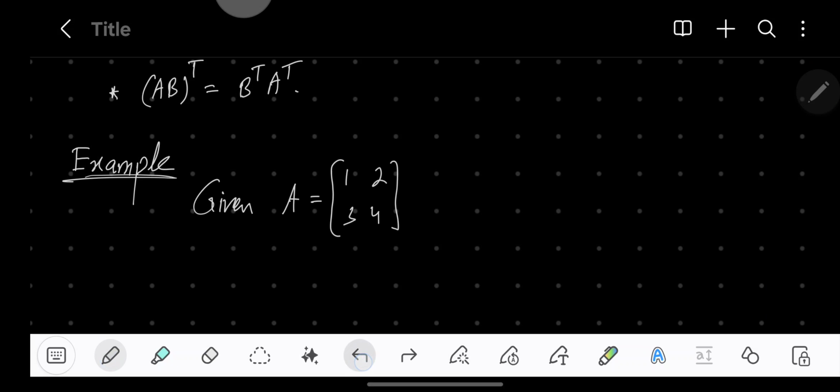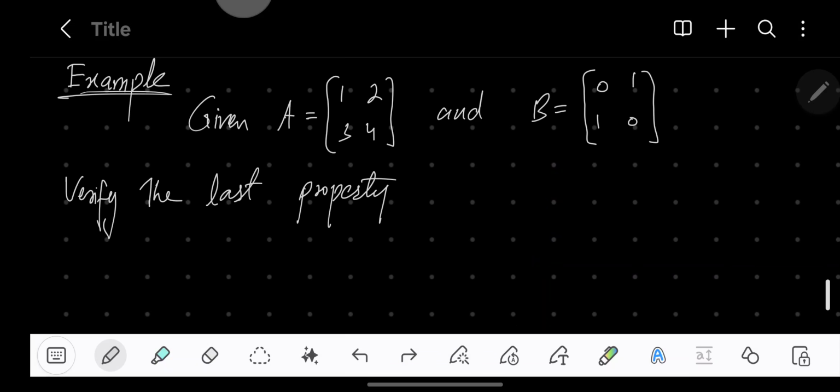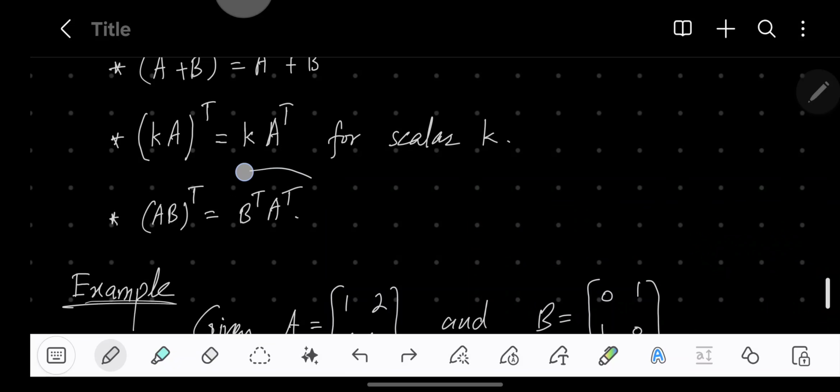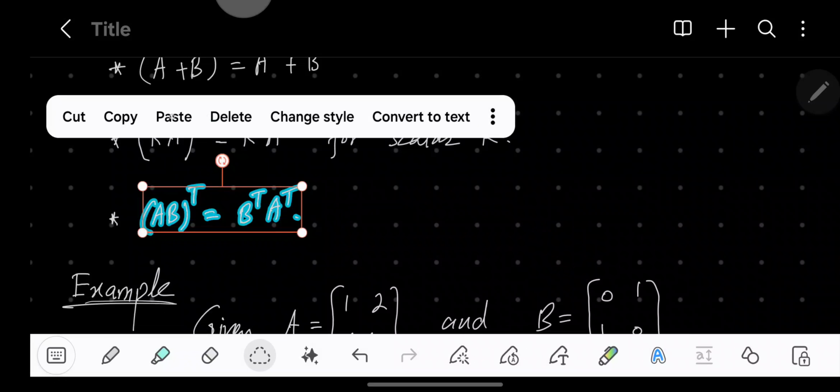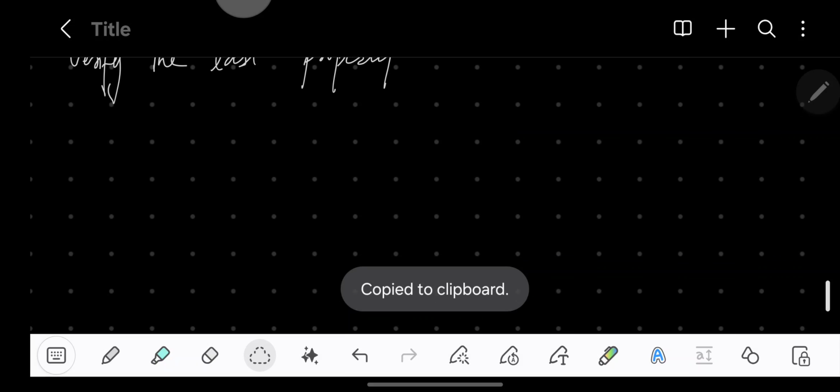So in this example, you are given a matrix A and a matrix B. You have to verify the last property. So the last property is (A times B) whole transpose is the same as B transpose times A transpose.